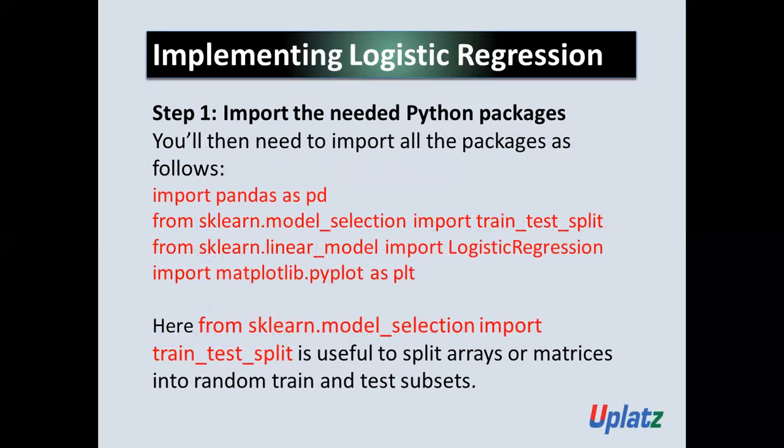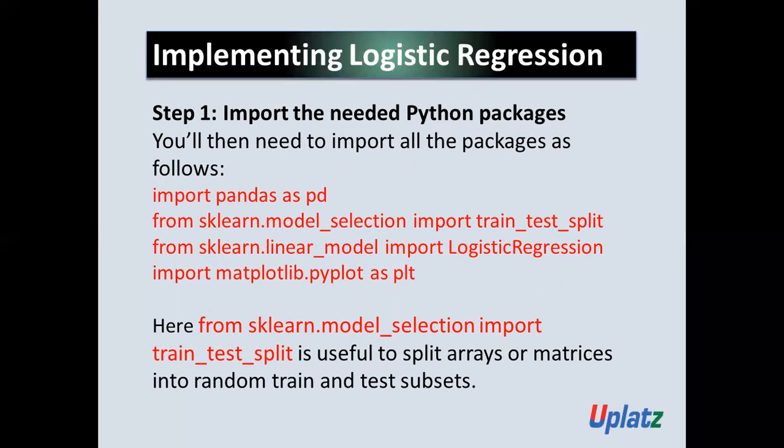You will then need to import all the packages as follows. Import pandas as pd, and then from sklearn.model_selection import train_test_split. Why are we using it? So that we can divide our data into the training set and testing set. And then from sklearn.linear_model import LogisticRegression.